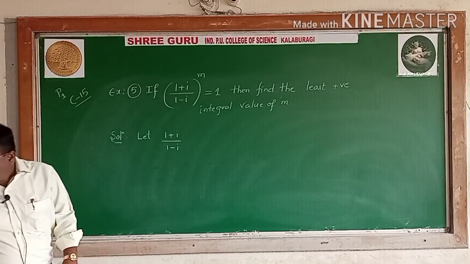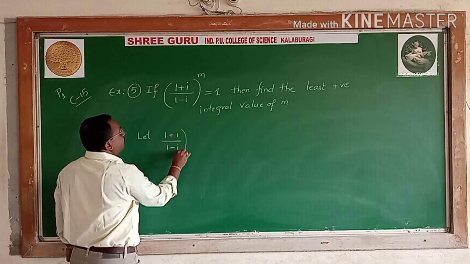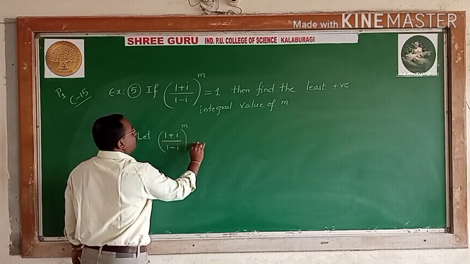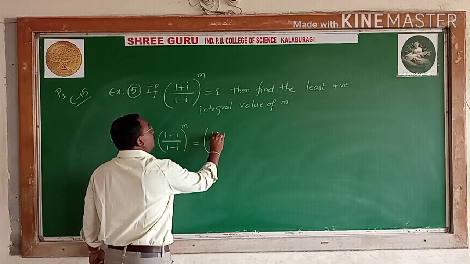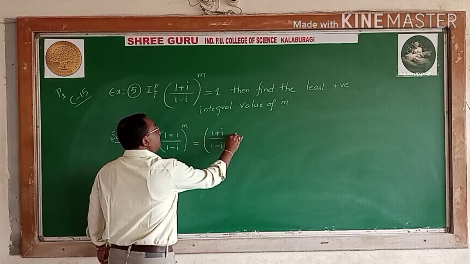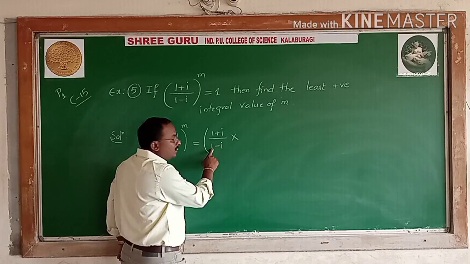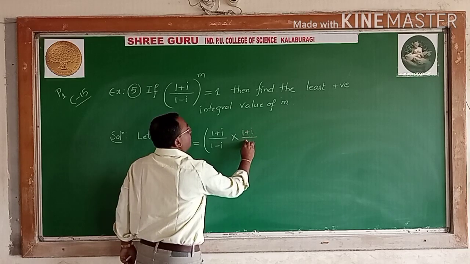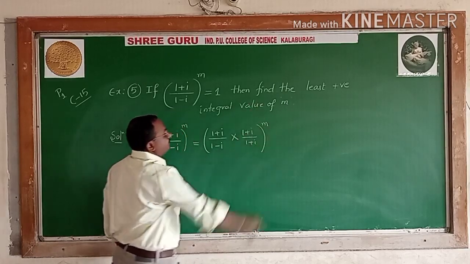This is the function. Rationalize this one. Rationalize the denominator: 1 minus i becomes 1 plus i, divided by 1 plus i, whole power m as it is.